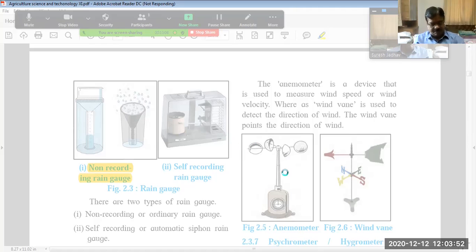In this anemometer, when the 4 cups move, the rod attached to the cups also rotates, and it shows the speed of wind. As you have seen, our auto vehicles have such a kind of instrument, but that is called a speedometer. So that also indicates speed.